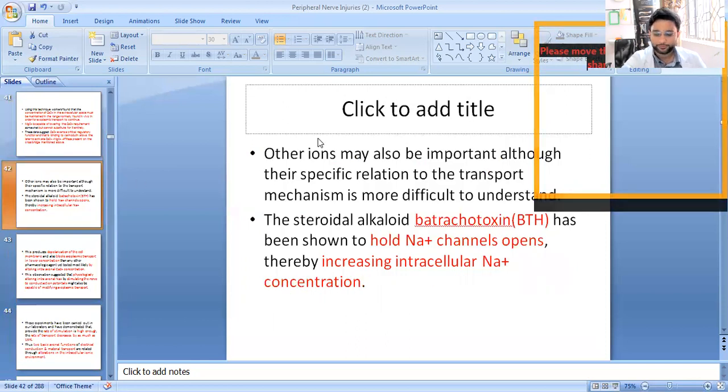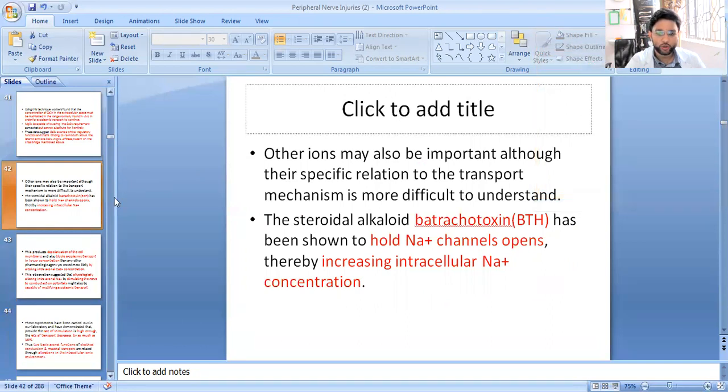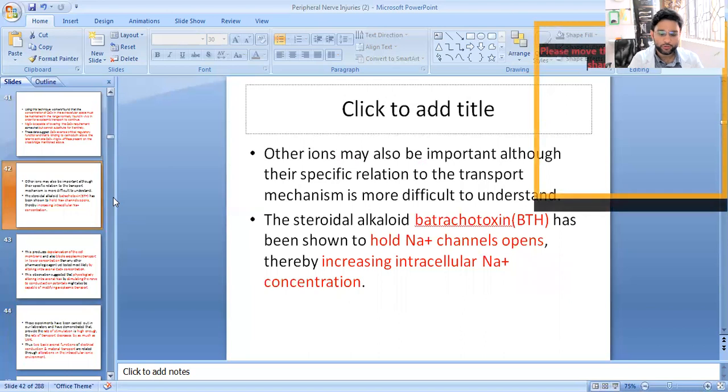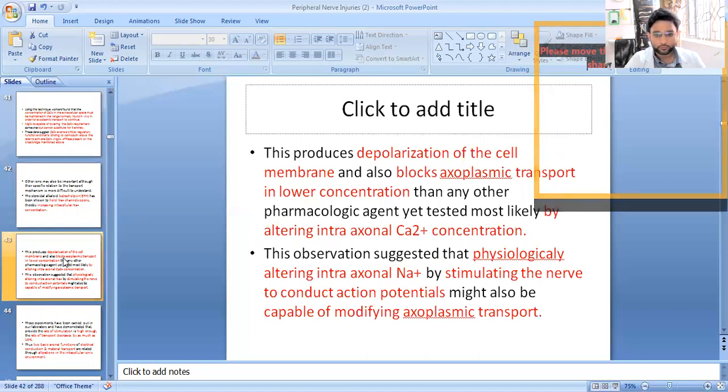Other ions may also be important, although their specific relation to the transport mechanism is more difficult to understand. The steroid alkaloid BTX has been shown to hold sodium channels open, thereby increasing intracellular sodium concentration. This produces depolarization of the cell membrane and also blocks axoplasmic transport at lower concentrations.